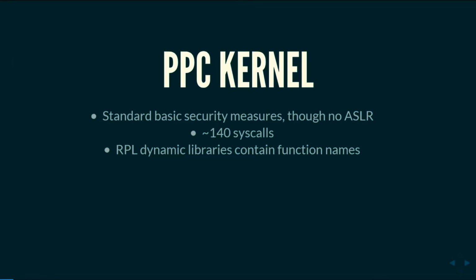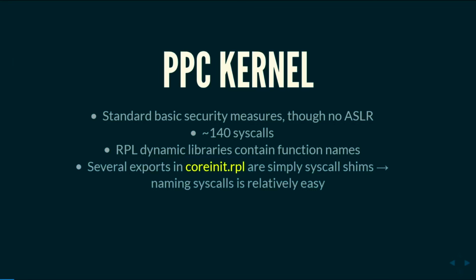The Wii U uses this RPL mechanism for dynamic libraries, and there's this really nice library called coreinit.rpl, and it contains a lot of syscall shims and symbol names, so we can name all the syscalls straight away without much hassle. And it's important to note that all the syscalls use a safe copy-in, copy-out mechanism to get data from the user space into the kernel space.